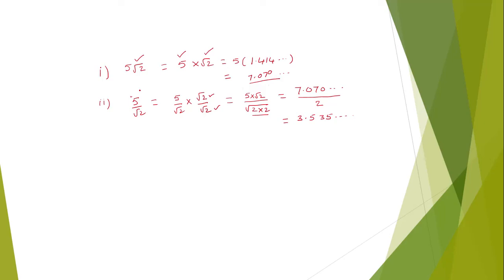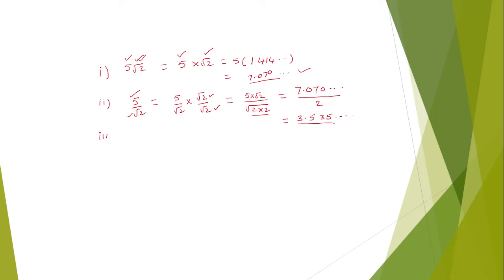That means here 5 is a rational, root 2 is an irrational, and the quotient we get is an irrational. In the previous one also, 5 is rational, root 2 is irrational, and 5 into root 2 gives an irrational. In the numerator 5 is rational, in the denominator root 2 is an irrational, and the quotient is an irrational.